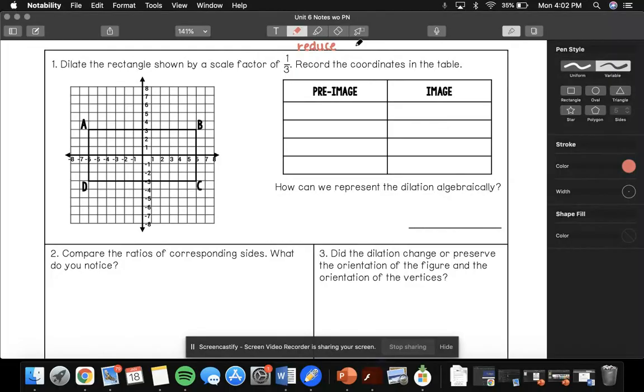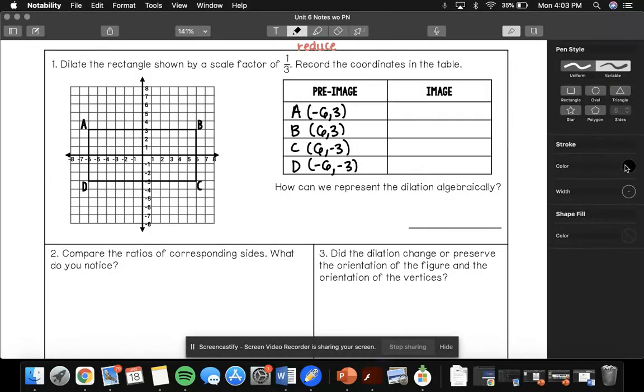We are going to first write the coordinates of the rectangle A, B, C, D. A, the ordered pair is -6, 3. B is 6, 3. C is 6, -3. And D is at -6, -3.